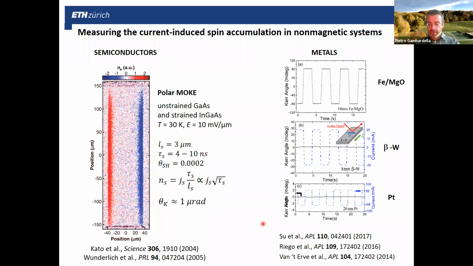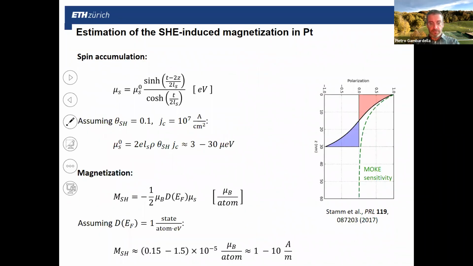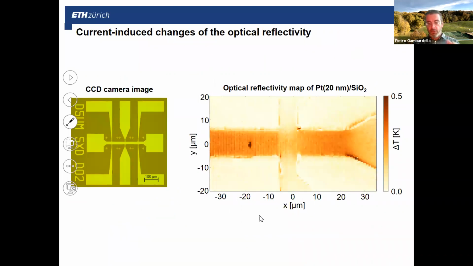Let me see if I can show it here. One of the strongest effects you have to fight against is heat-induced changes of the optical reflectivity of your sample, which you see in this map of the reflectivity that occurs when you pulse the system.